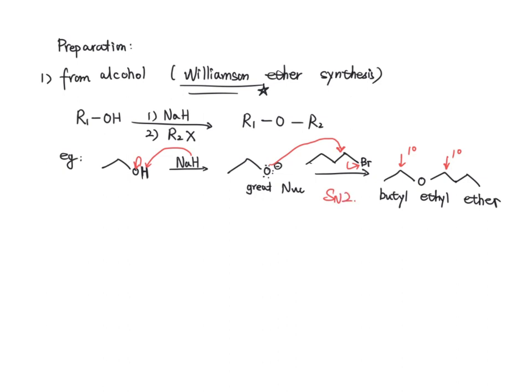And another example, if we start with, so this is called phenol, right? Theoretically it's not an alcohol by definition, but it has this OH group. So phenol, we know that the pKa is much lower, the acidity is much higher than the alcohol. So if we introduce the hydride, this is from sodium hydride, it will grab this hydrogen and break the hydrogen oxygen bond.